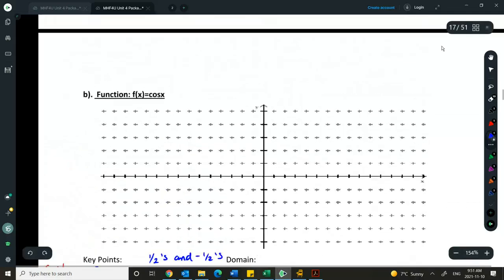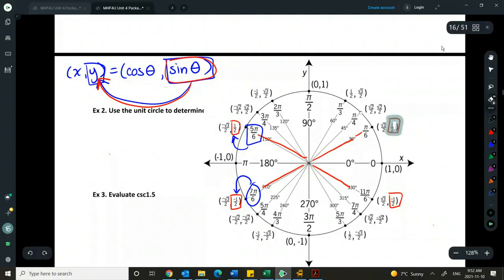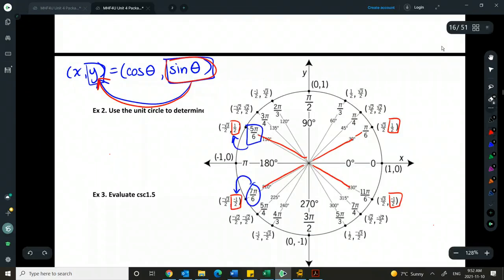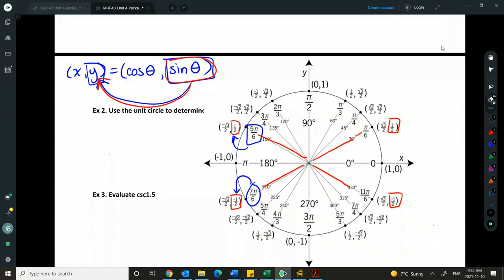Okay, let's look at the unit circle one more time. So now I'm interested in, we're graphing the cosine function. And based on our stuff from the last lesson that we talked about, we proved that cos theta, oh, I just erased my unit circle. That's not good.